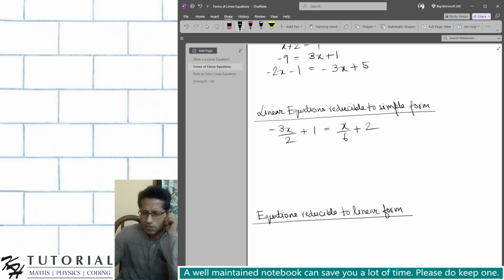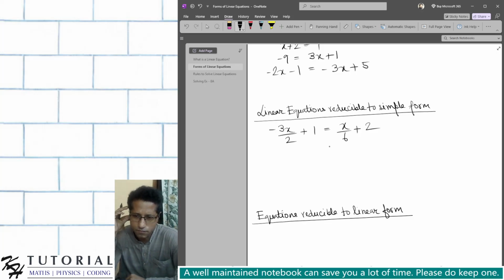Minus 3x by 2 is a kind of rational form. x by 6 is a kind of rational form. Just because of the presence of some rational terms, we do not consider this kind of linear equation in the simple form. But we can easily convert it by doing some manipulation. We can easily convert these linear equations to simple form, and the method we apply is that we take the LCM of the denominators of all the rational terms.